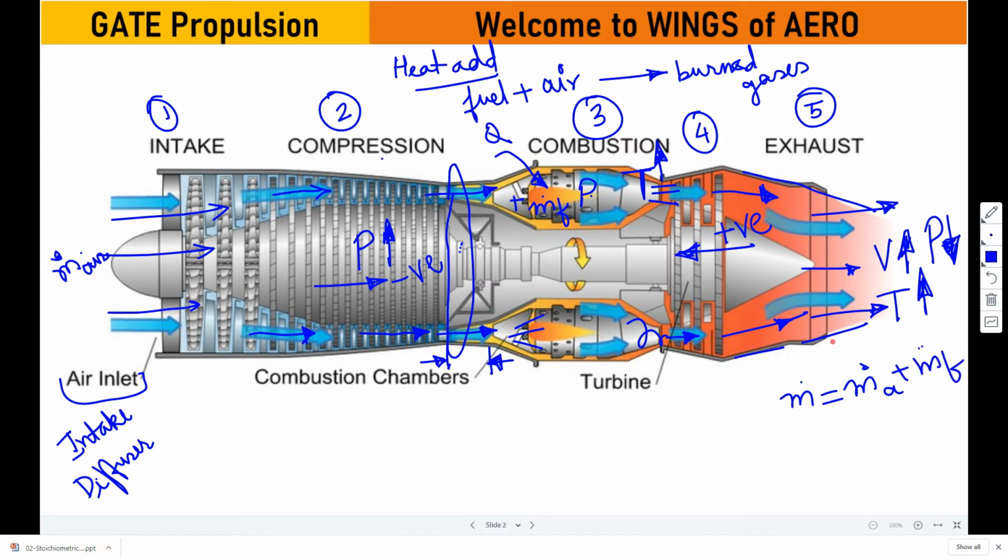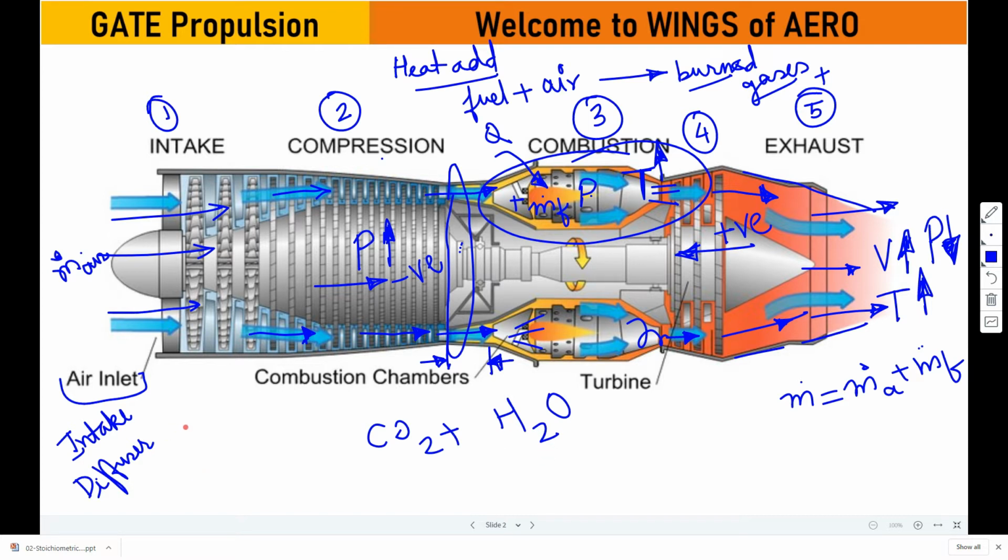Now, the same phenomenon happens in the combustion chamber. When we are adding fuel and air, we will have some amount of burned gas, maybe some amount of unburnt gas. Whenever we are reacting, we can get a product of CO2 or H2O, some amount of CO2 and some amount of H2O.